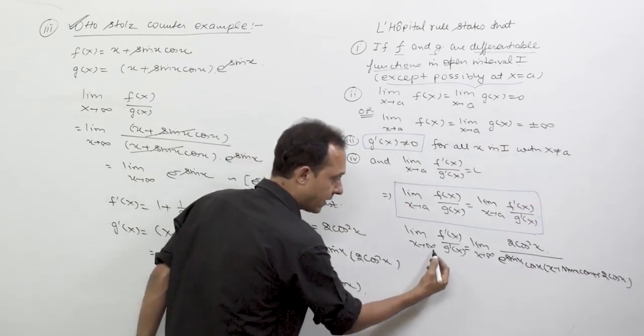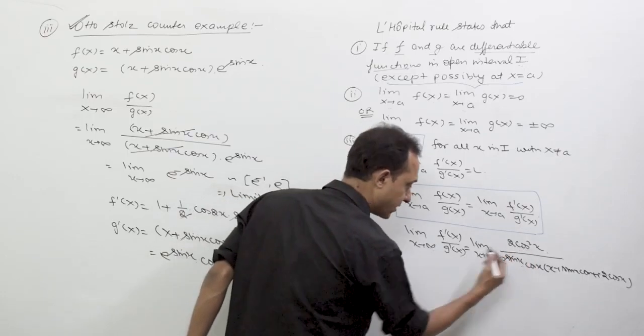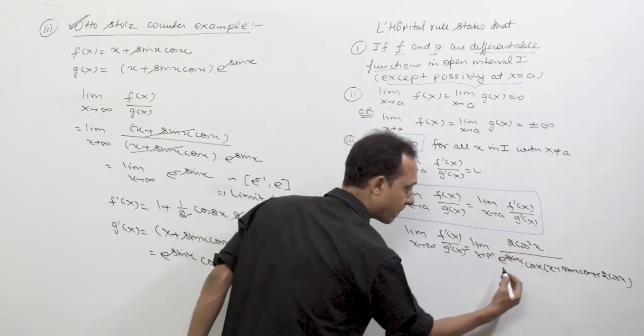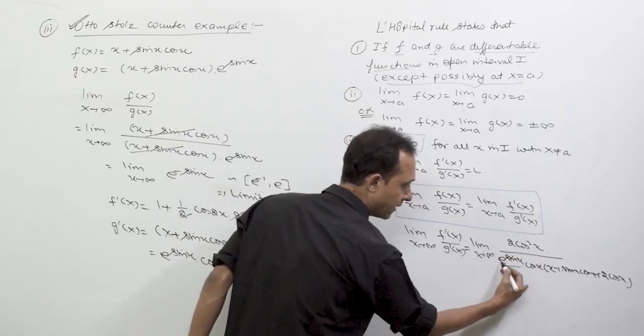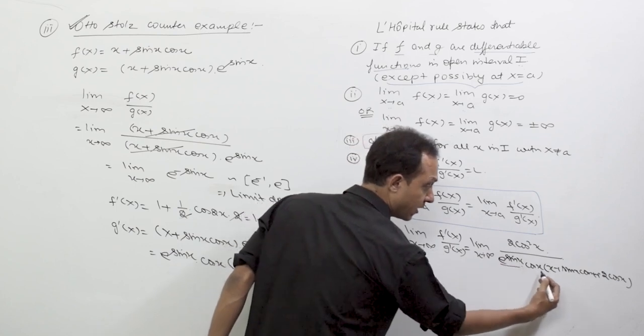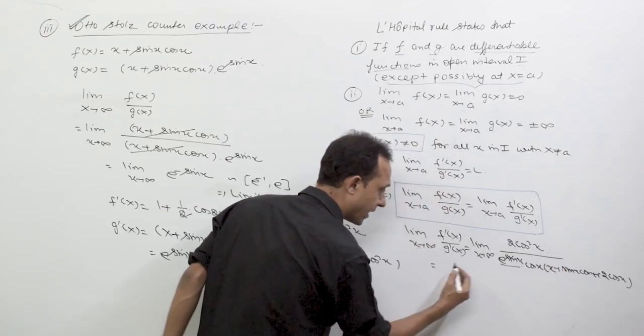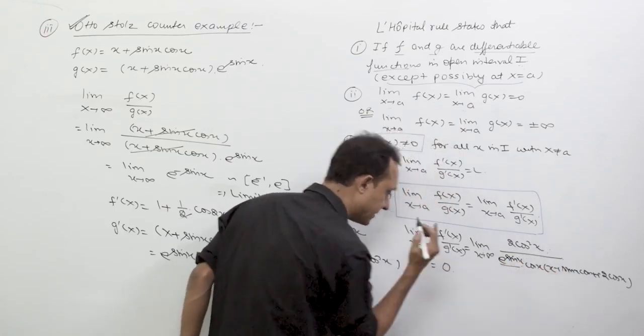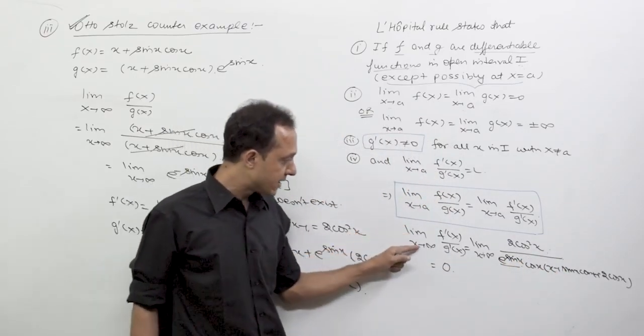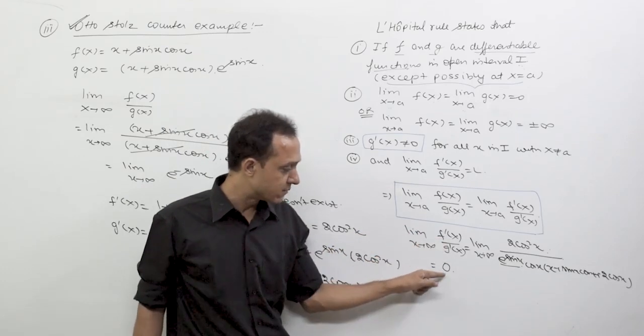Now if I put x is infinite, now it is oscillating value between 0 and 1. This is oscillating value between 1 upon e and e, oscillating value between minus 1 and plus 1, and then it is 1 upon infinite. So anything finite upon infinite will be 0. So in this case, limit x tends to infinite, f dash x upon g dash x will be 0.